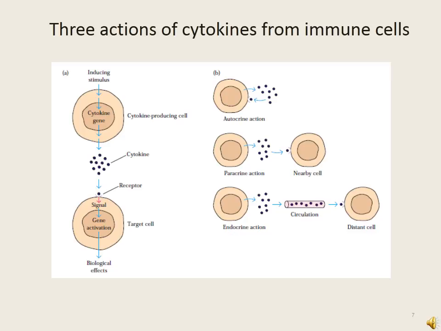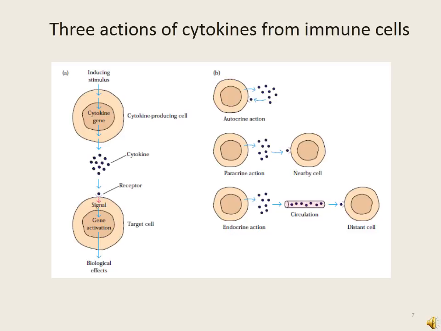This slide is a figure reviewing the characteristics of the cytokines. On the left-hand side, in A, the figure shows that cytokines are produced in the cytokine-producing cell when this cell is activated, okay?